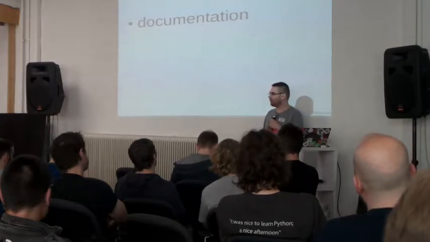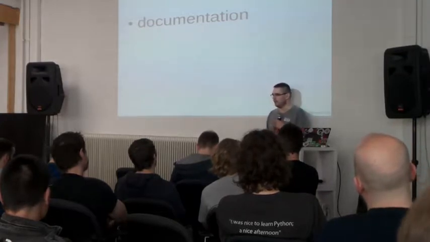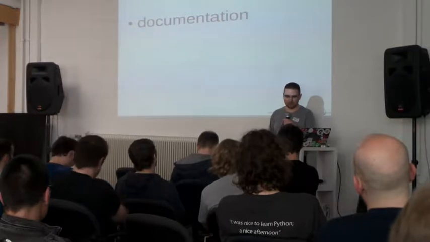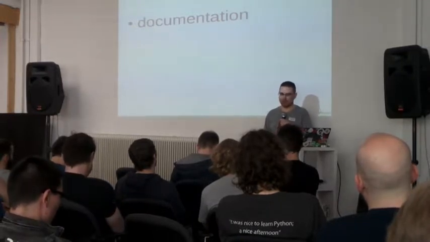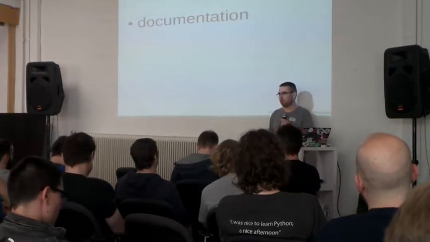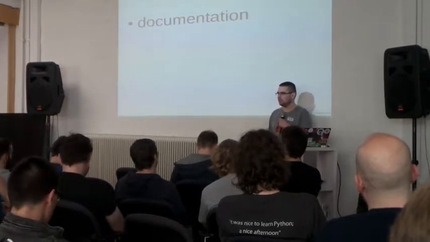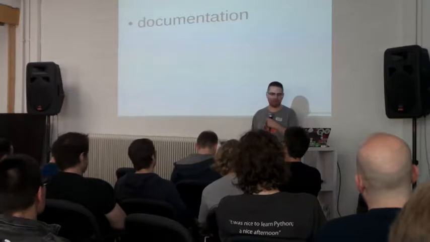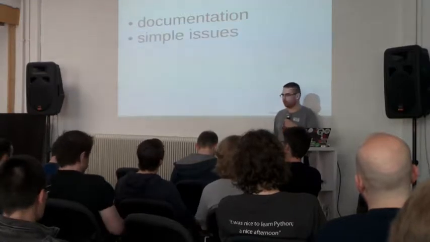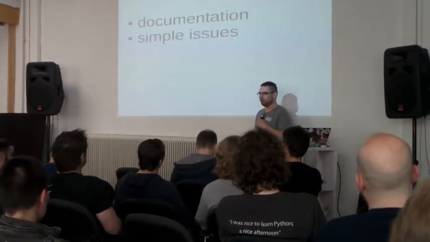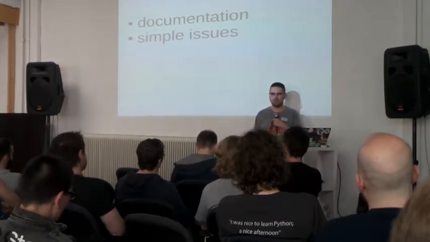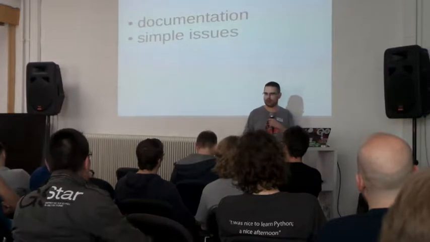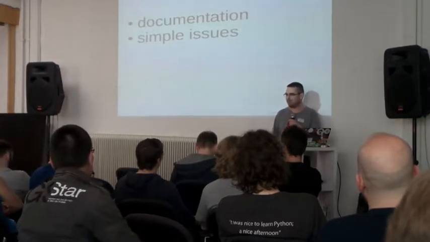But this documentation needs work, and to better understand RVM2 and what we want to do there, the documentation should also be better. So that's the starting point, documentation. There are some simple issues. Not all of them are simple. There are two kinds of issues in RVM: simple issues that you can fix easily, and issues that I don't even know how to fix.